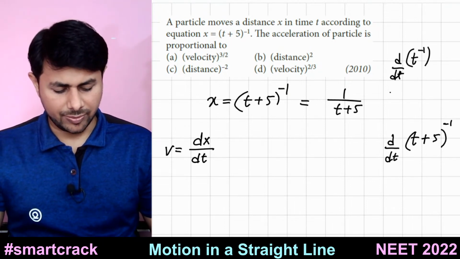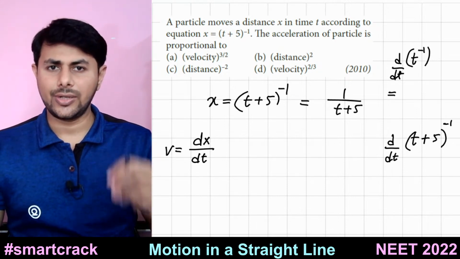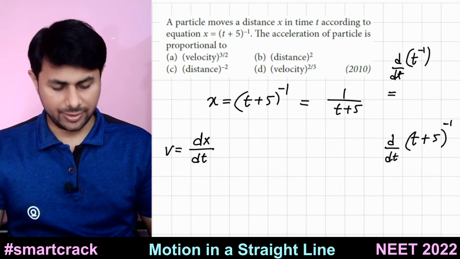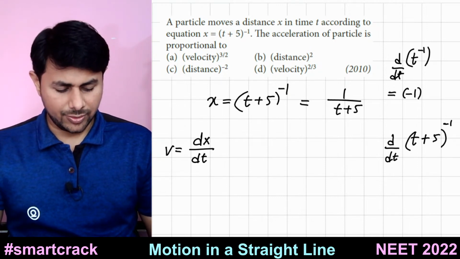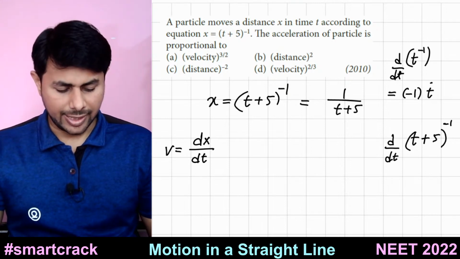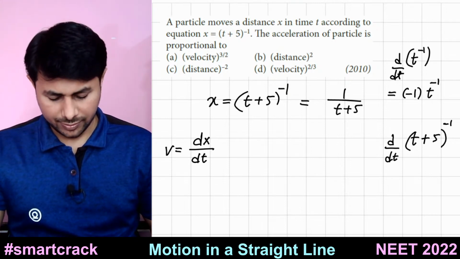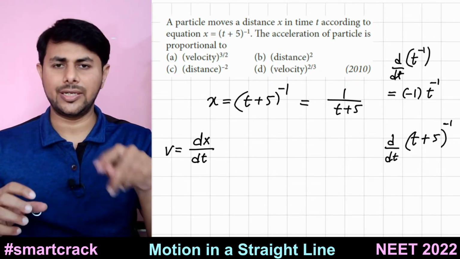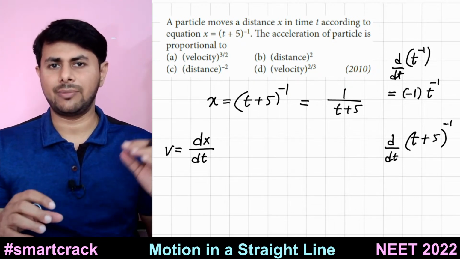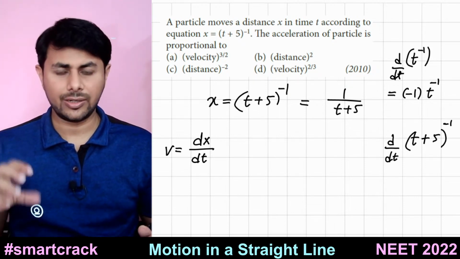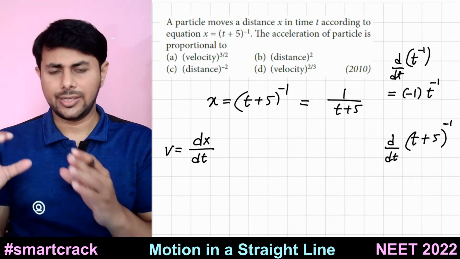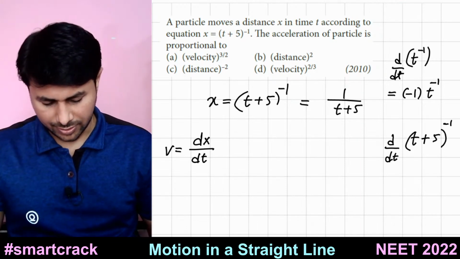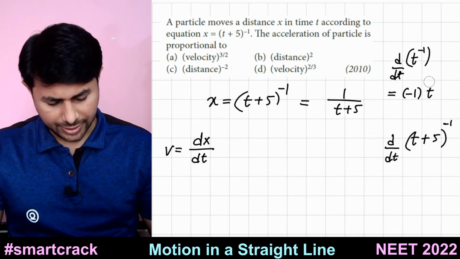Using our formula, the derivative of t raised to n is n into t raised to n minus 1. The value of n here is minus 1. So it is minus 1 into t raised to minus 1 minus 1, that's minus 2.